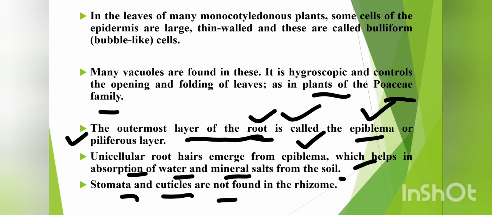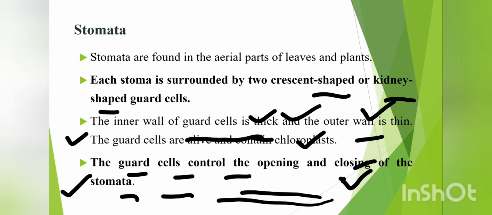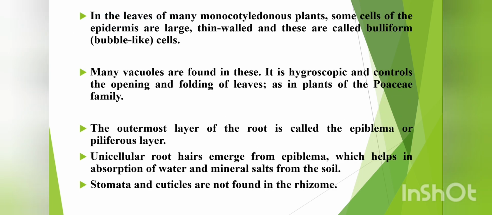Stomata and cuticle are not found on the root. They are found on the stem, and root hairs, which generally emerge from the epiblemma, are always unicellular and help in the absorption of water and mineral salts from the soil.